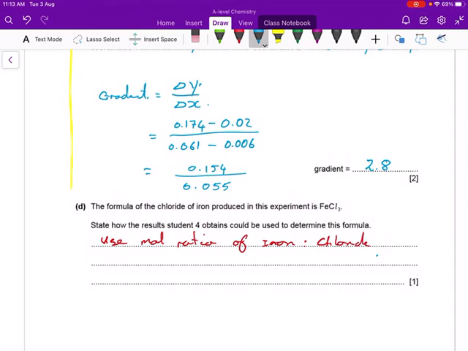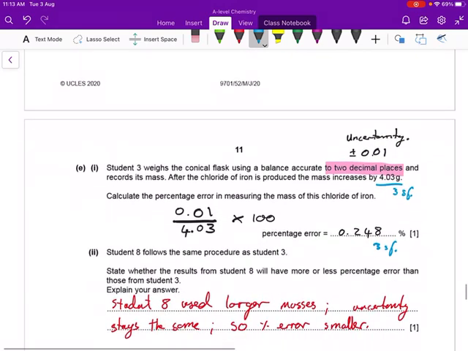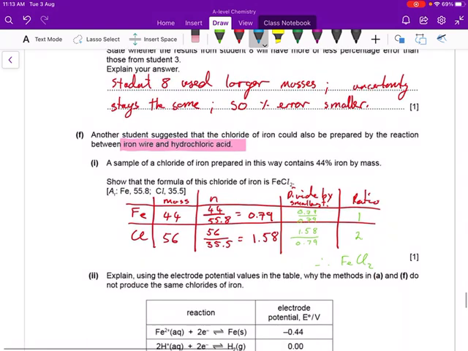Then how could we use that to calculate the formula? Well, we use mole ratio, and I'll show you on the next page. Remember how to do mole ratio for empirical formula again. So for F, this is how we can use mole ratios. If we have a certain mass of iron, and if it's a percentage, we can say this is 44 grams of a 100 gram sample, for instance.